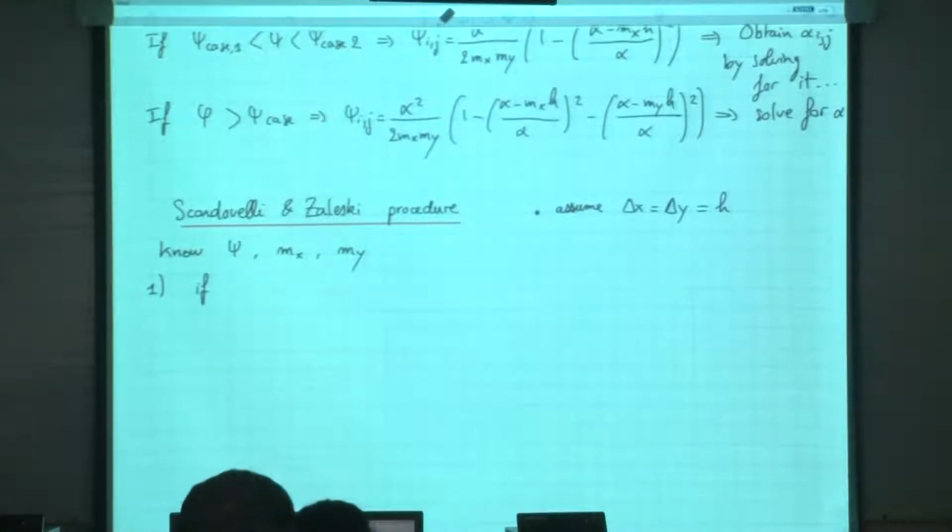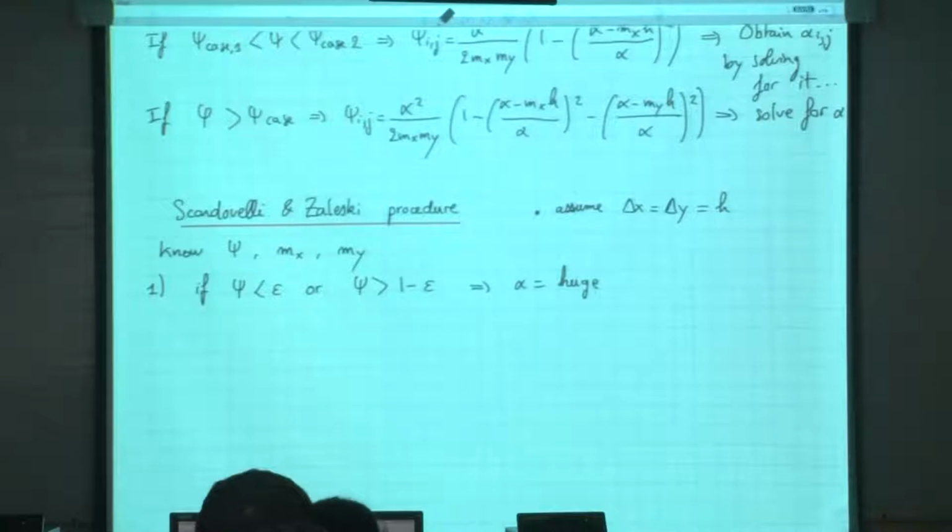So first of all, we'll save ourselves some time. If psi is very small or very large, let's not work with this thing. It's too expensive. If psi is less than some epsilon, or psi is more than 1 minus epsilon, then we'll go out of this routine right away by setting alpha equal to some huge value.